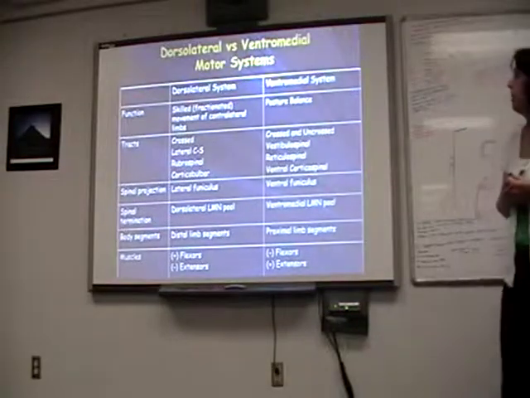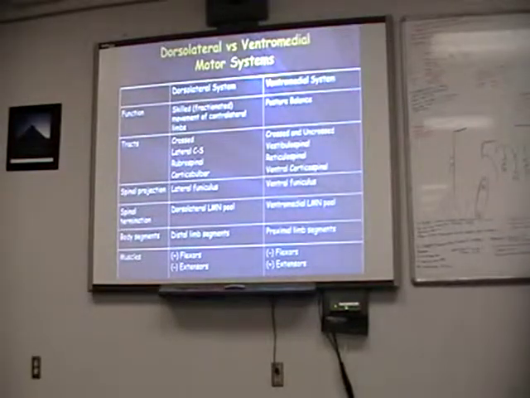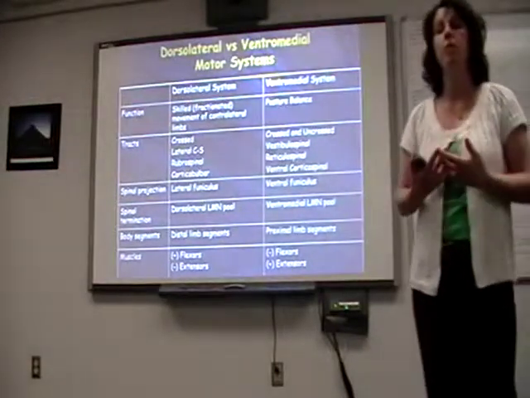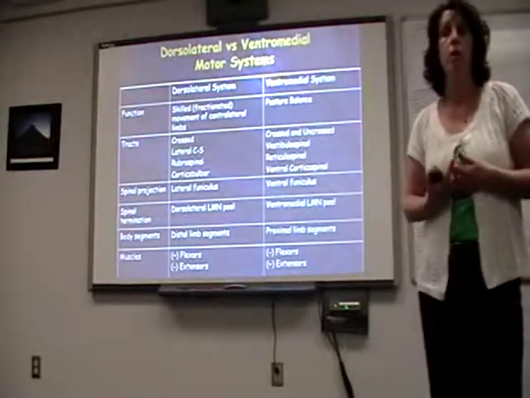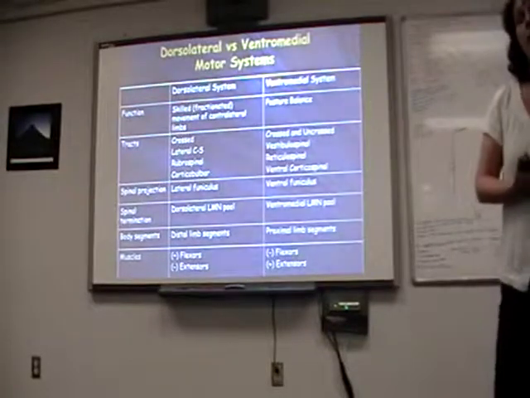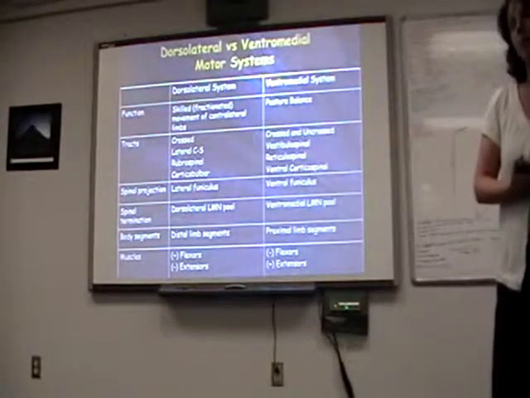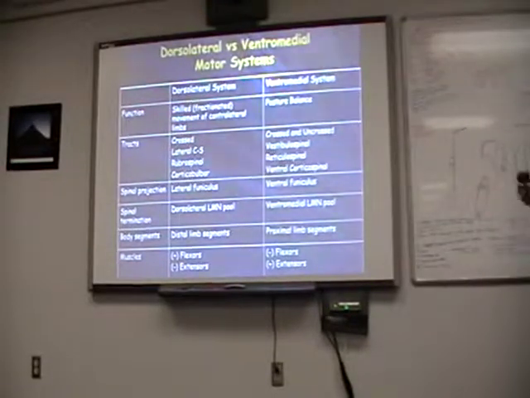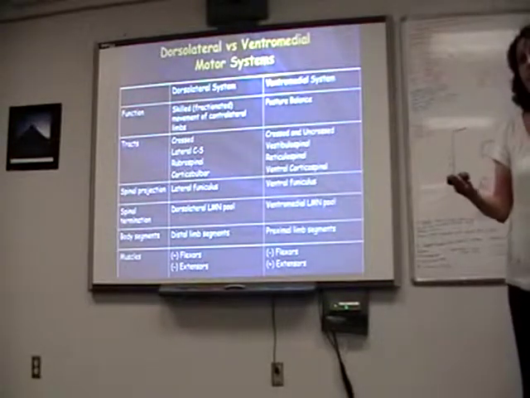So just comparing the two systems, function-wise, the dorsolaterals are going to be our skilled movement, our limb manipulation. Our ventromedial pathways are going to be our postural responses, our balance reactions. As far as the tracts go, for the most part, the dorsolateral system is all crossed, so it affects the contralateral limb.